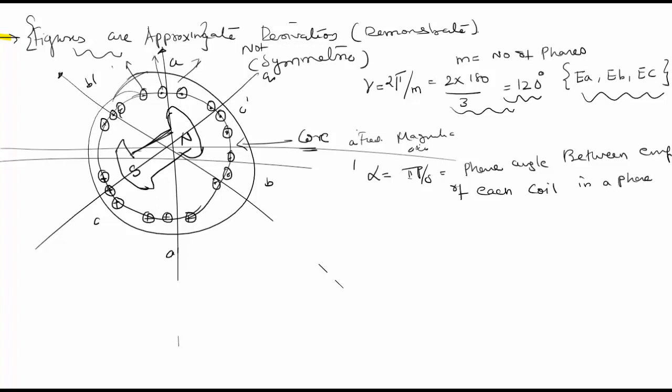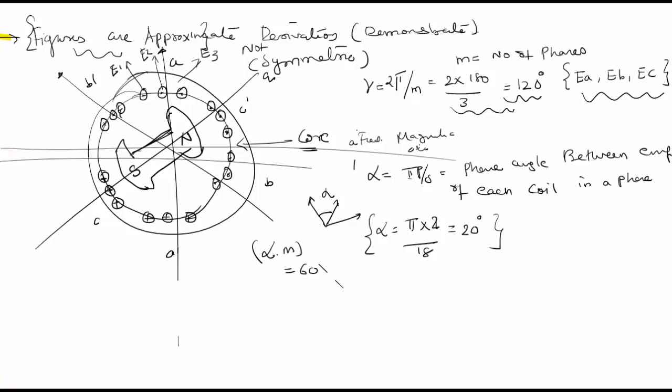If this is the EMF generated E1, this is E2 and this is E3, the phase difference between E1, E2 and E3 is known as alpha, and alpha is equal to 5 into 2 divided by 18, which is equal to 20 degree in this case. And alpha into m, where m is the number of phases, is equal to 60, which is known as my phase spread.